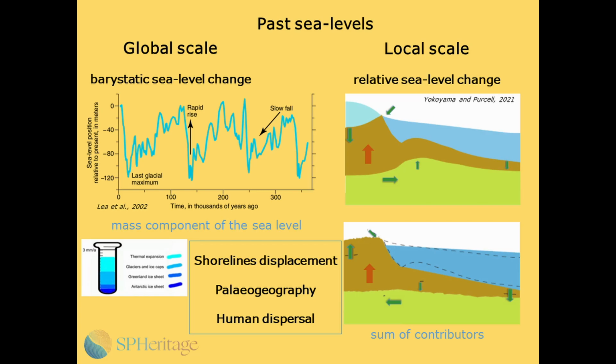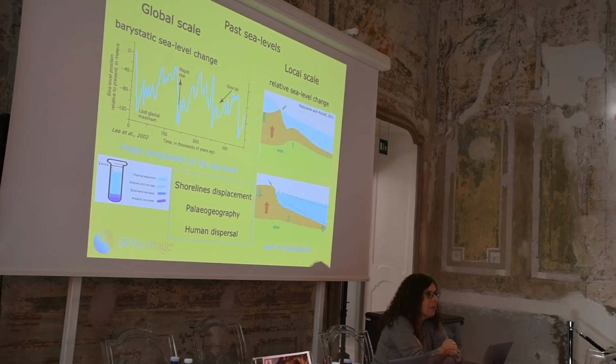That is basically what we call the tectonic signal, the dynamics of the Earth related to plate tectonics and processes that occur in the interior of the Earth. So when we have to find out what the shoreline displacement was in the past, we have to account not only for changes in water mass and volume, but also for these movements that affect the lithosphere.